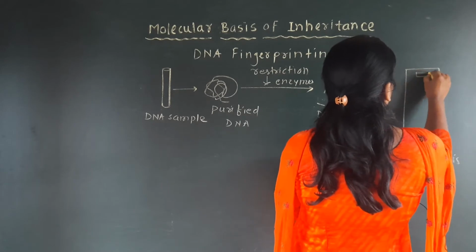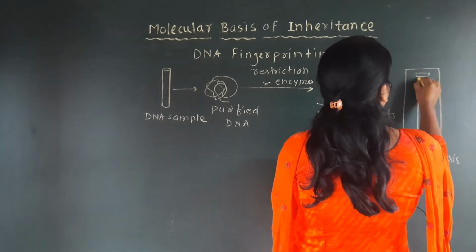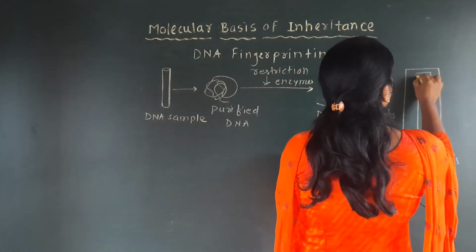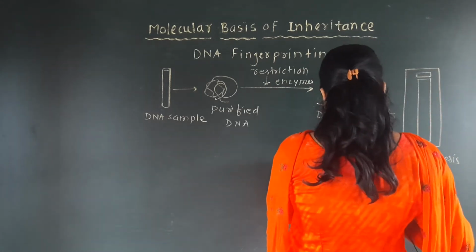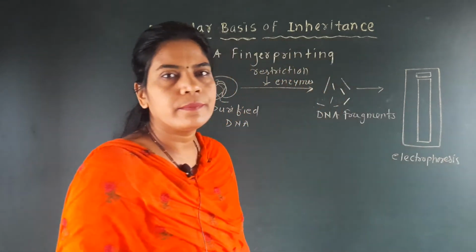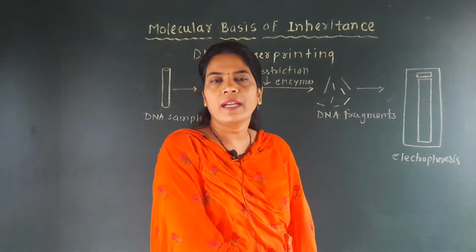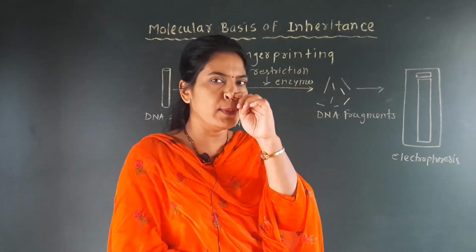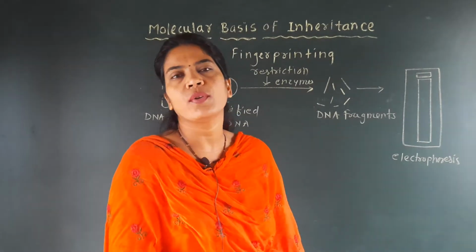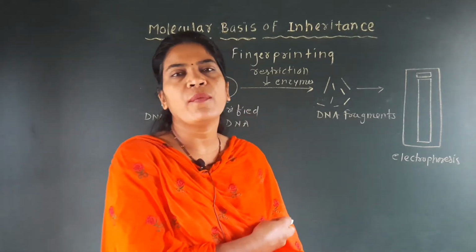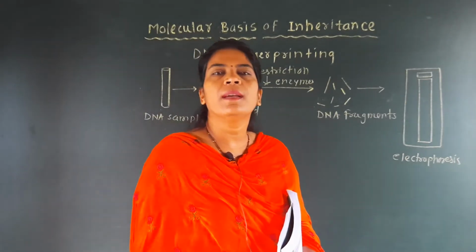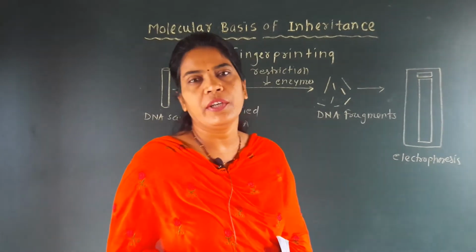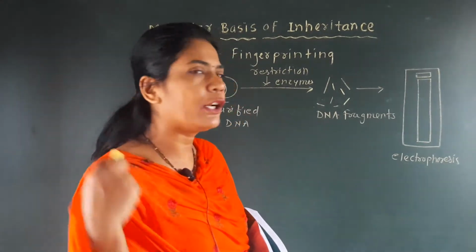In our theory we have seen that different bands form according to the size of the DNA. In electrophoresis, an electric current is applied to the DNA molecules, and the negatively charged DNA fragments move towards the positively charged anode, and there will be band formation. Also, double-stranded DNA can be converted into single-stranded DNA by alkali treatment. So this is electrophoresis.